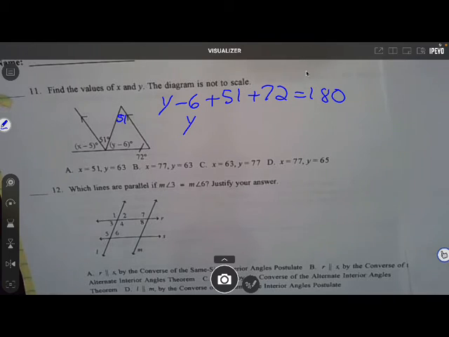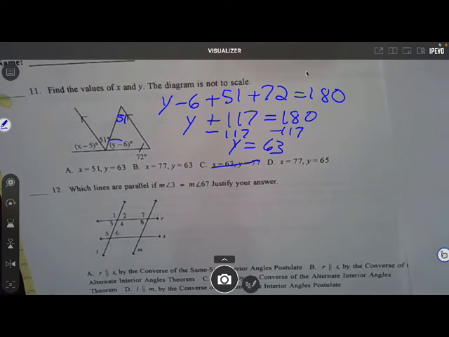What'd you get? 117. I'm trusting you. Then what do I do? You subtract it from 180, and that should give you 63. So we can cross off this answer. It's B. All right, so I know that Y is 63.